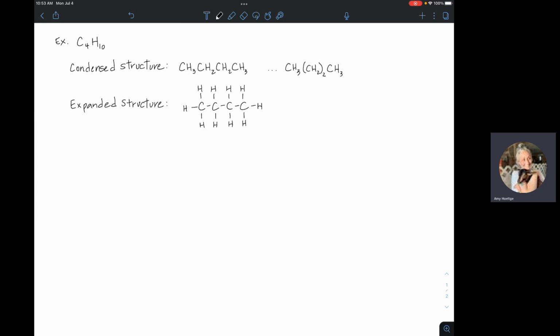So within this category of general structure, we have an introduction to constitutional isomers. And we have different types of isomers. Iso just means same.